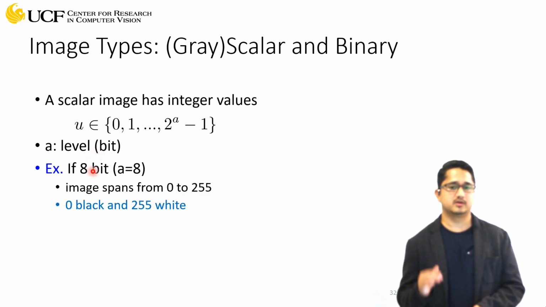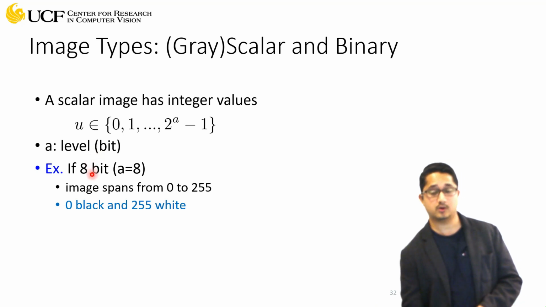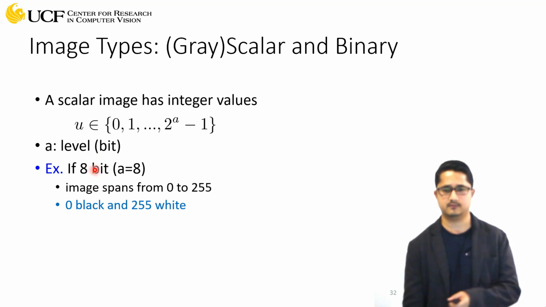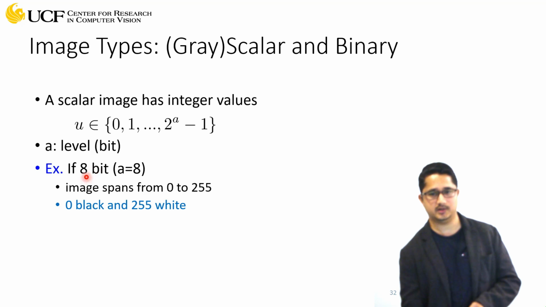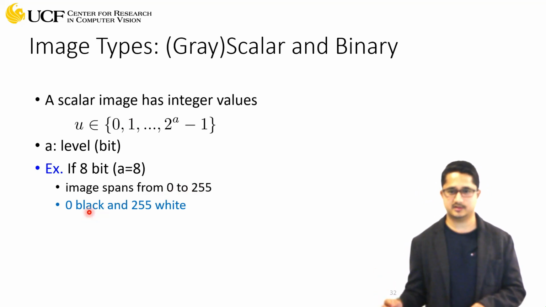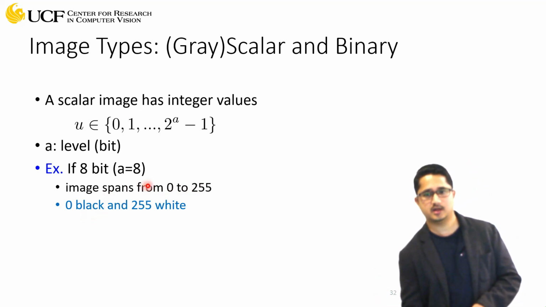Usually, the images we capture these days using our camera phones have a bit level of 8, which means the range of this number goes from 0 to 255. In this case, 0 represents completely black, which means nothing is present there, and 255 represents white.